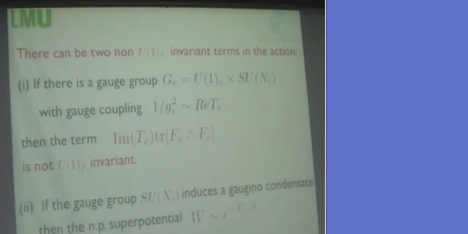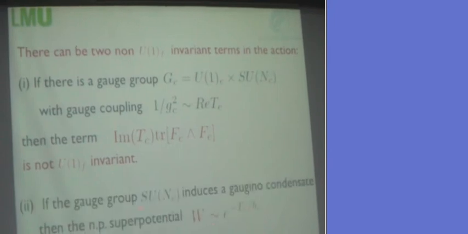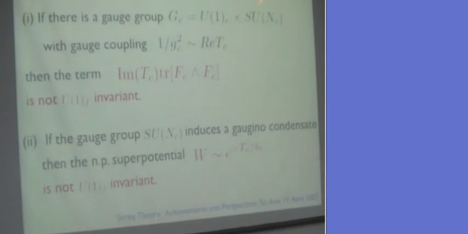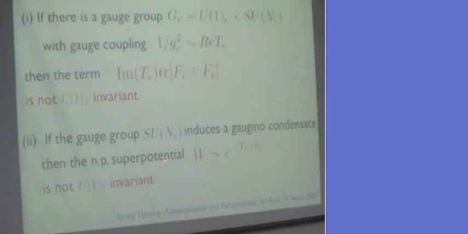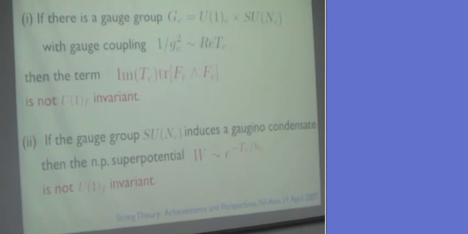So this might look like a problem. Or, which is related, if this gauge symmetry induces now a gaugino condensate and a non-perturbative superpotential of this form, again the T_C shifts under the gauge symmetry, so again the U(1)_F gauge symmetry is non-invariant.